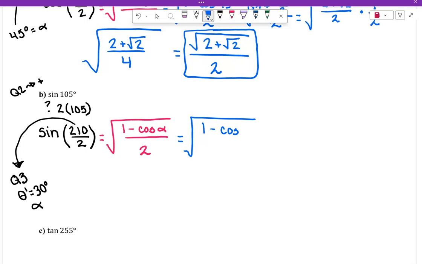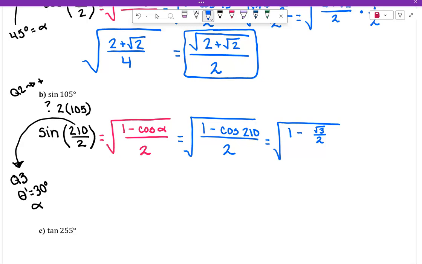So I'm going to go ahead and write 210 over 2. Okay, so 210 we said had a reference of 30. So you should be folding down your ring finger. Cosine is to the left of that finger. So we have 3 fingers. So it's going to be minus the square root of 3 over 2.